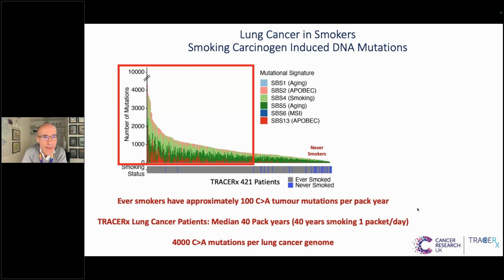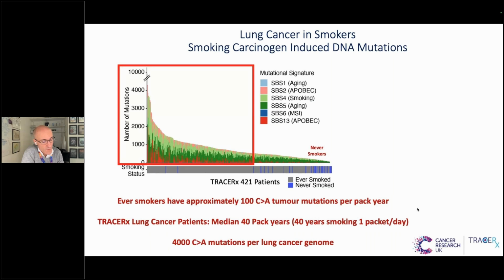That's the average number of cigarettes a patient has smoked in our study called TRACER-X. This is a longitudinal program following patients with lung cancer who've had their disease resected with the intent of cure. About 50% will relapse and die of their disease.